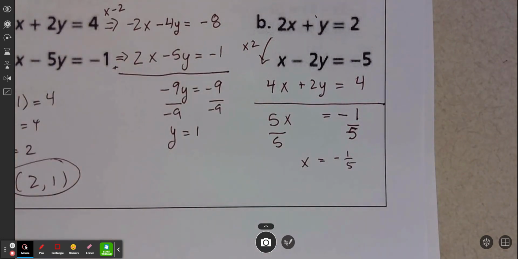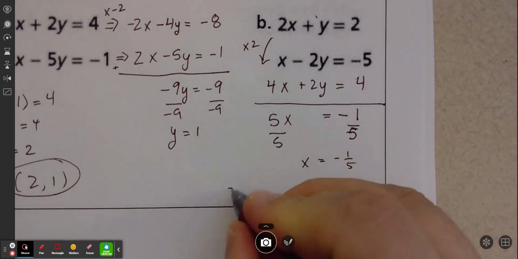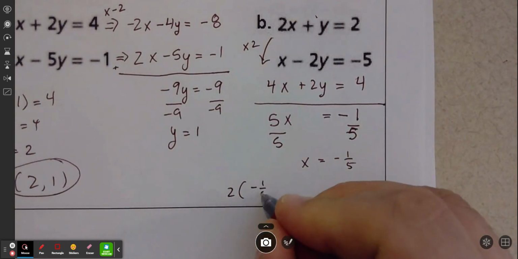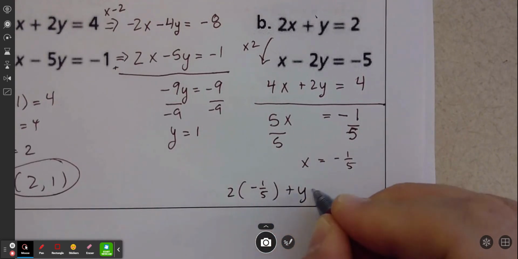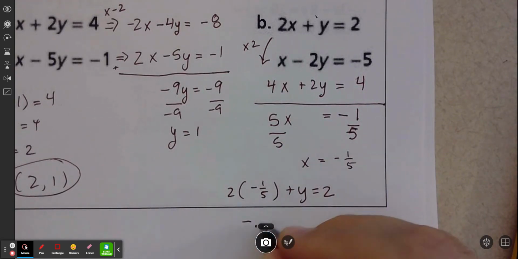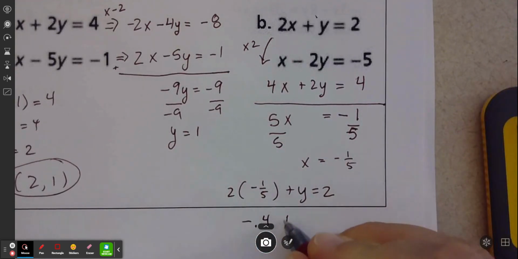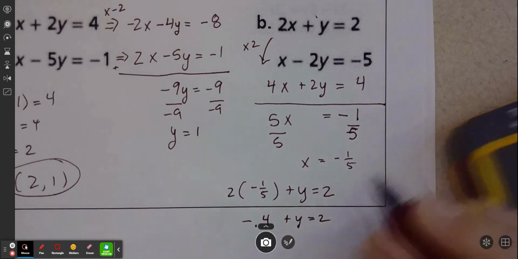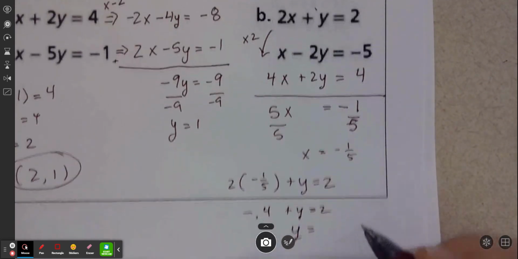Which one do you want to plug it back into? Top one. 2 times -1/5 plus y equals 2. So that gives me -2/5, which is what? Is that -0.4? Add 0.4, we get y equals 2.4.